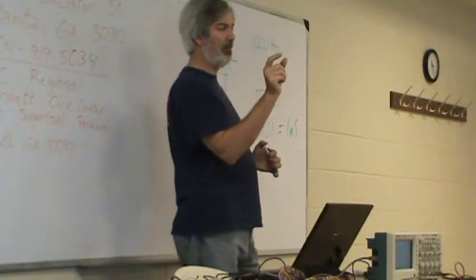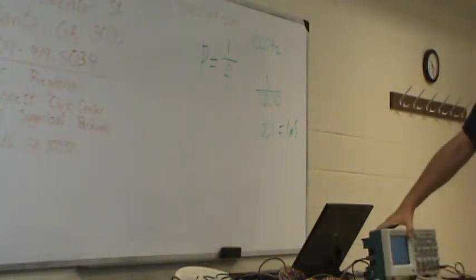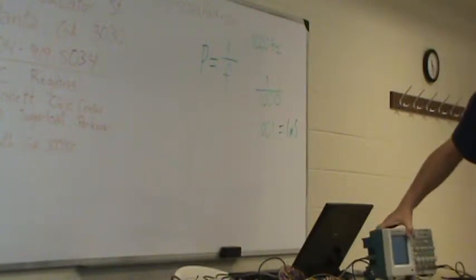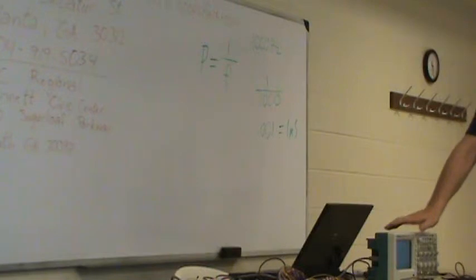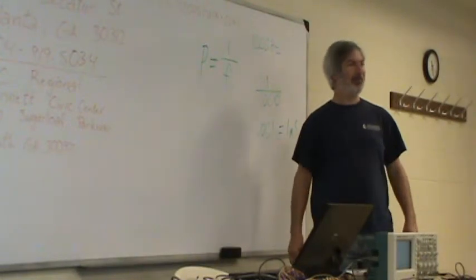Now I know a lot of people probably are not going to be able to see this very clearly. Who here is familiar with what a scope screen looks like? Okay, who's not familiar? Okay.